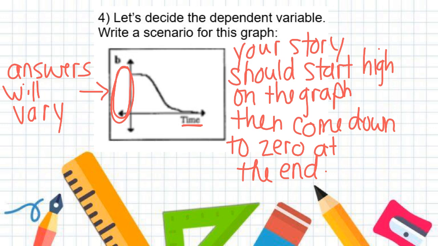So depending on your variable, we're going to have different stories, but every story should start high on the graph. It's going to be constant for just a hair. I forgot to mention this is constant for just a tick, and then it's going to come down all the way to 0 at the end.